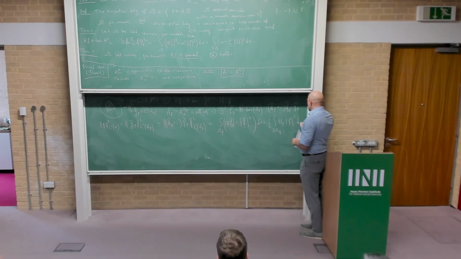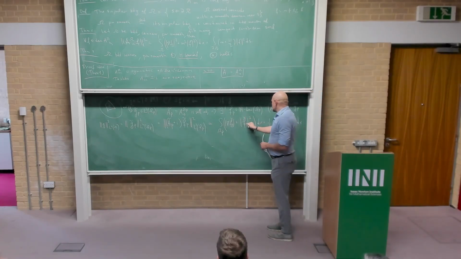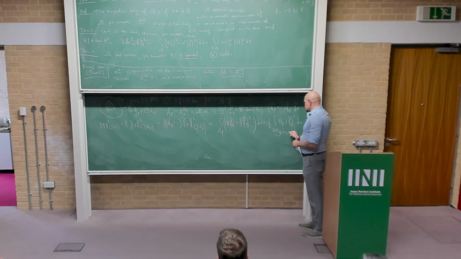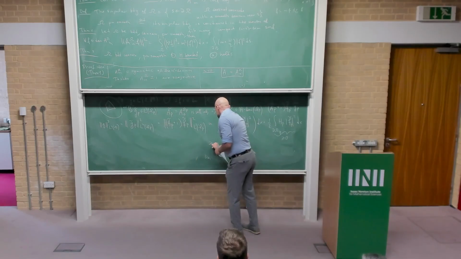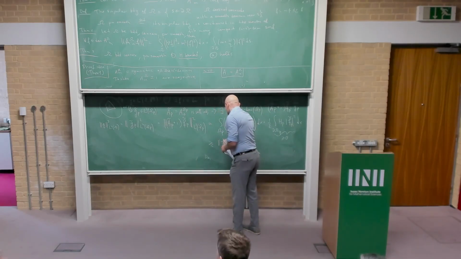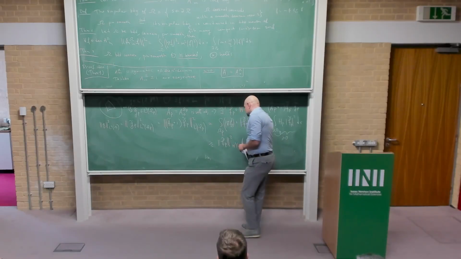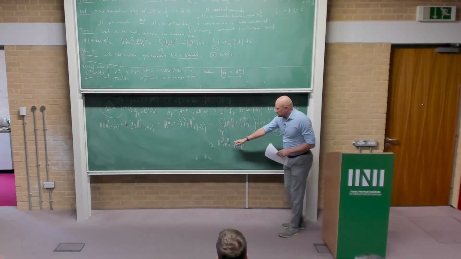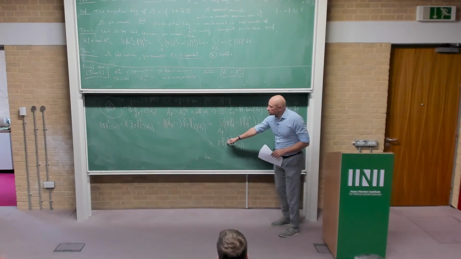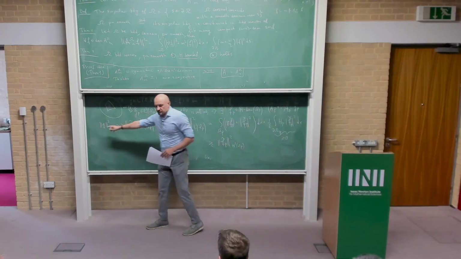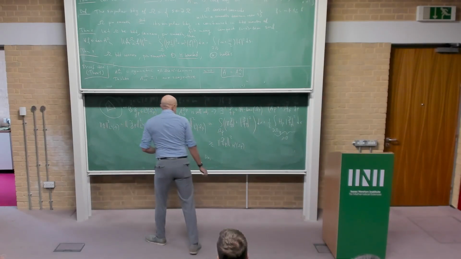At this point it's time to use the convexity, because if you are convex, this is then nonnegative. So it is bigger than the norm of f_p squared in H1 on Ω_p. It means that those norms are bounded, because at the beginning you started with just some constant.